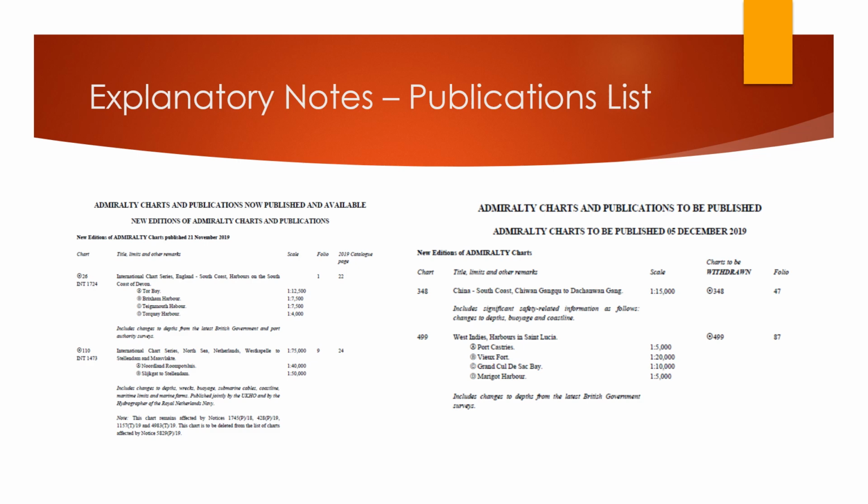Because this notice to mariners was issued on 21st of November 2019, some of the charts are going to be published on 5th of December 2019, and a notice regarding the chart number, the area it affects, and the scale of the chart is also announced, along with which chart will be withdrawn and replaced by the new chart.